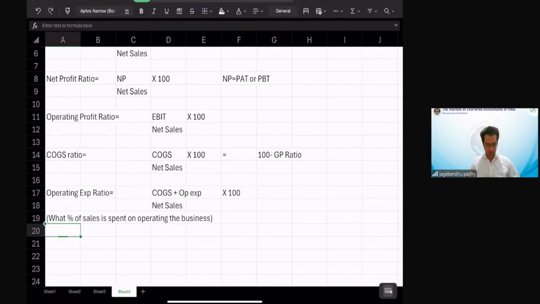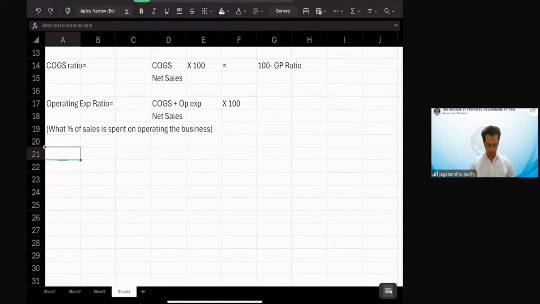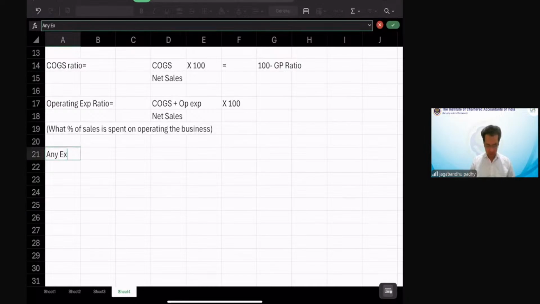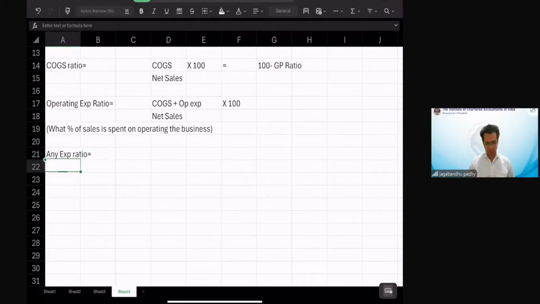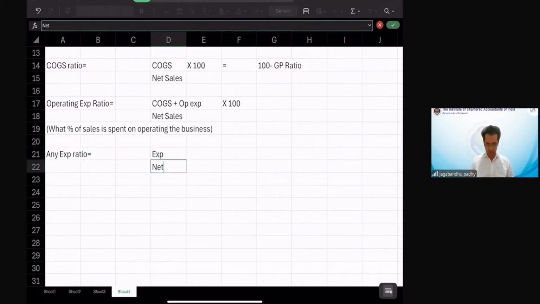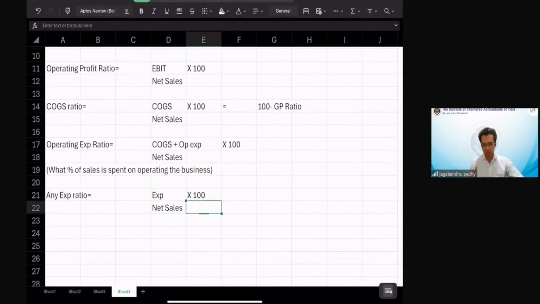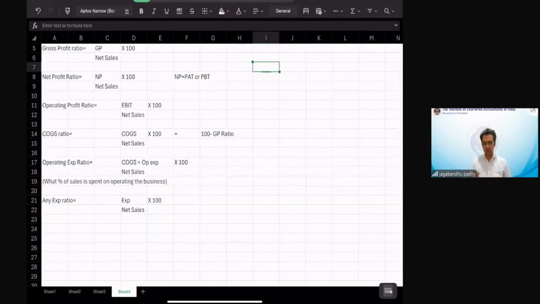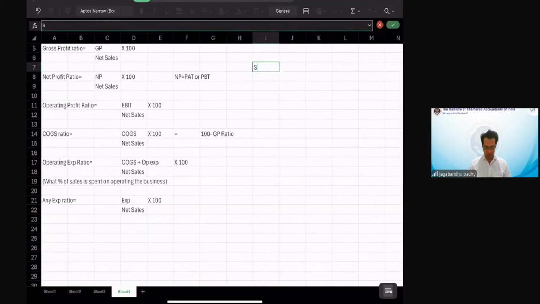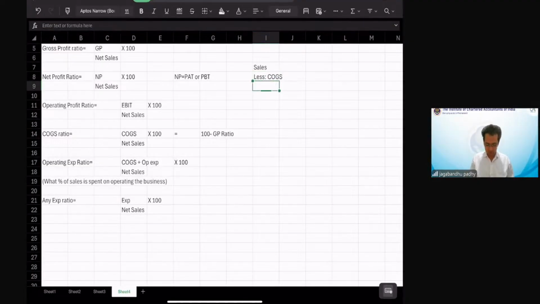Or for that case, if you have any other ratio, any expense ratio, it is going to be that expense upon net sales 200. Generally, if I just put it in the form of a simplified version where we start with sales, less the COGS, get the gross profit, right?